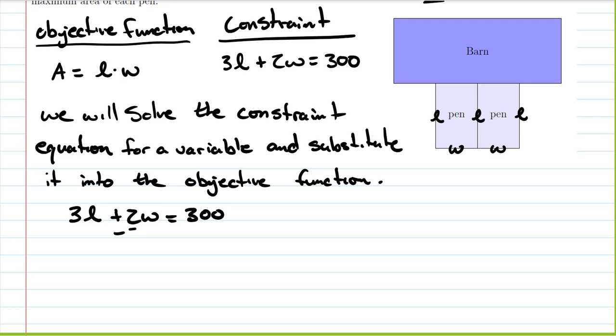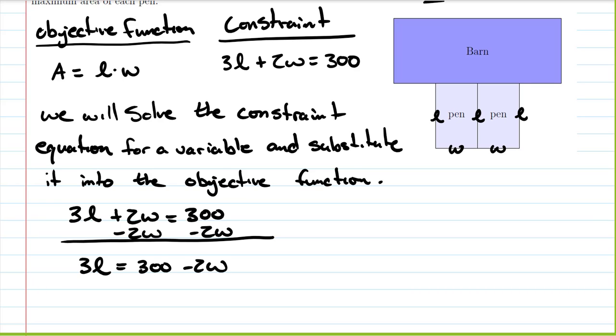So to solve for L, I minus 2W, and I minus 2W, and that gives me 3L is equal to 300 minus 2W. And then I divide by 3, divide by 3, and divide by 3, and that gives me that L is equal to 100 minus 2/3 W.